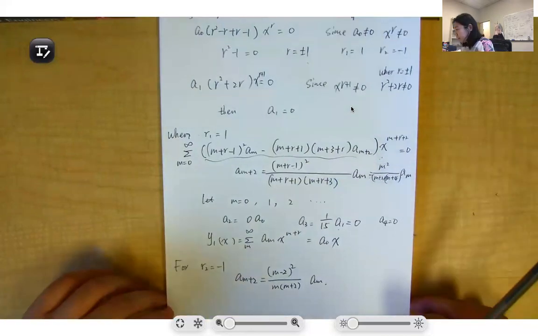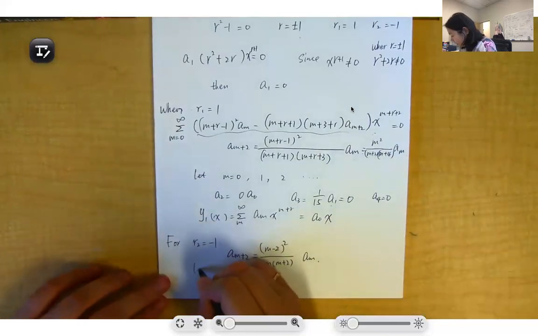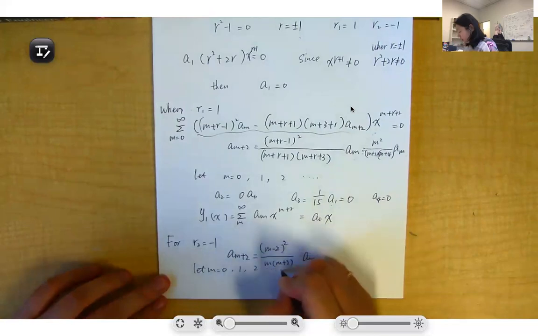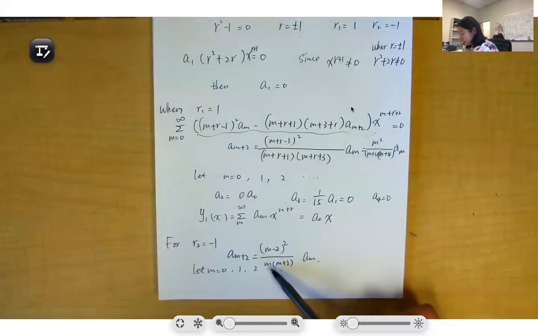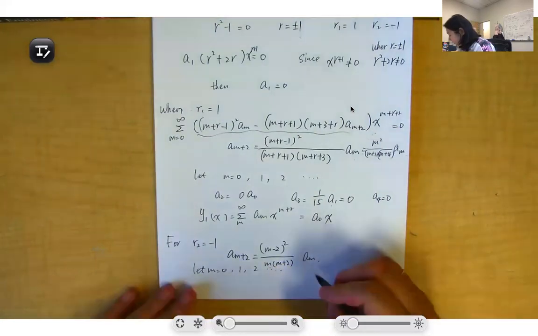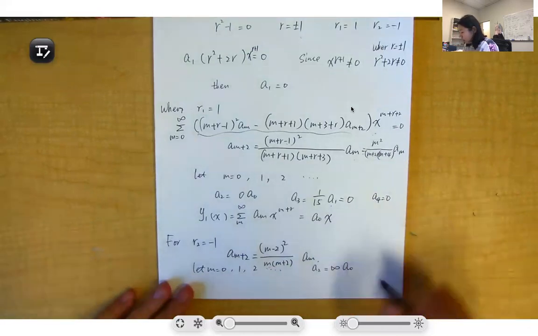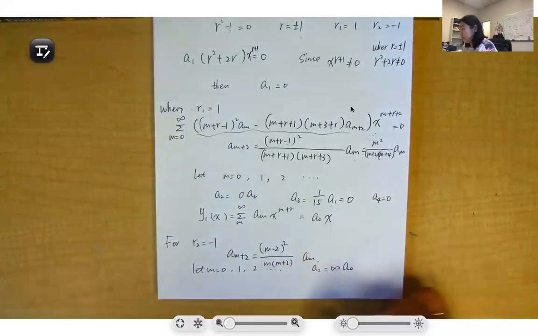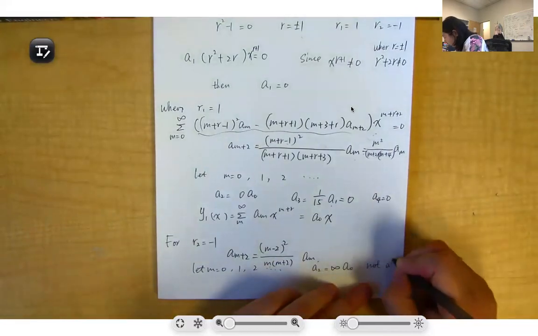We can also try some examples when m equals 0, 1, 2, until infinity, starting with 0. But you find that when m equals 0, a2 will be equal to infinity times a naught, because the denominator will be 0 here. Then it doesn't make any sense. So this is not allowed.